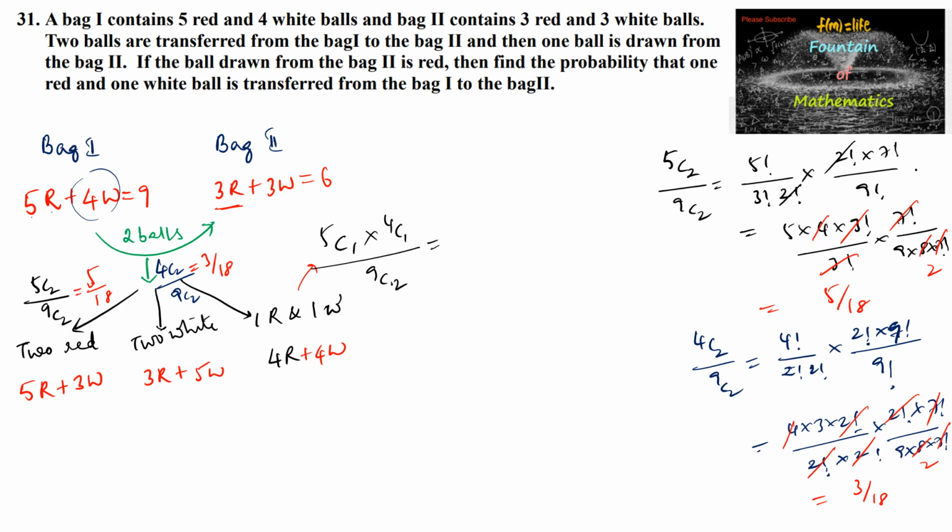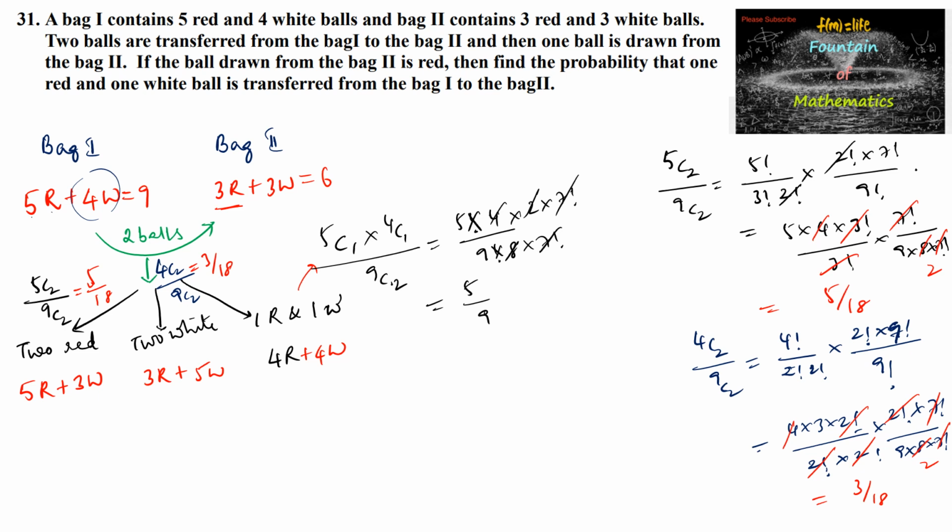So 5C1 value is 5, into 4C1 value is 4, and 9C2 value we can write as 9 factorial by 2 factorial into 7 factorial, so that is 9 into 8 into 7 factorial. So 4 2s are 8, which is 5 by 9. So the probability of transferring 2 red balls is 5 by 18. Probability of transferring 2 white balls is 3 by 18. And probability of transferring 1 red ball and 1 white ball is 5 by 9.